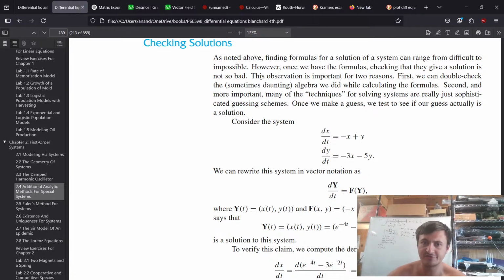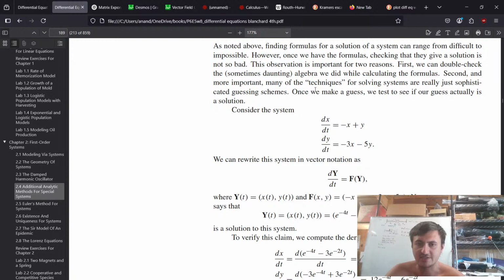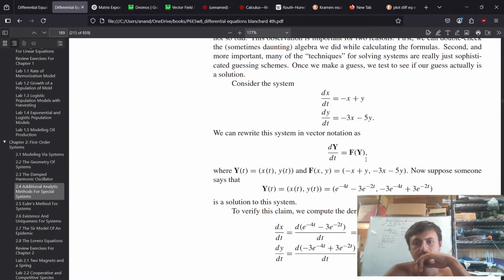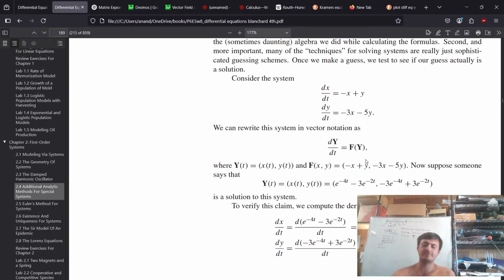Many of the techniques are sophisticated guessing schemes. Once we make a guess, we can test to see if our guess is actually a solution. We can rewrite the system in vector notation.